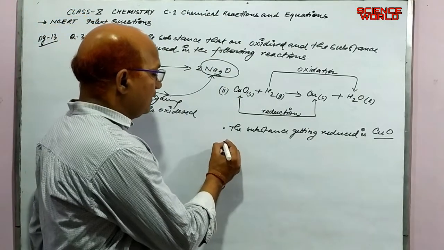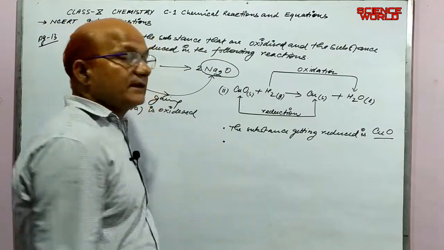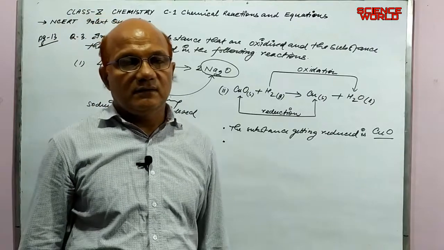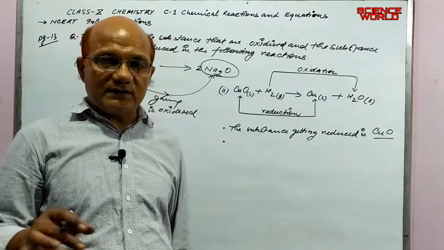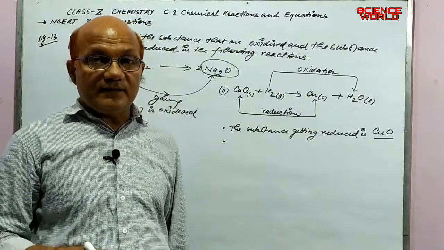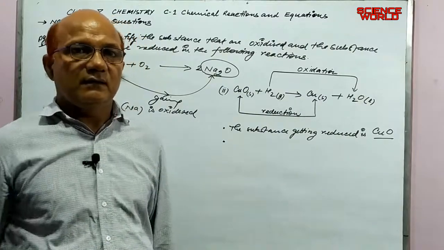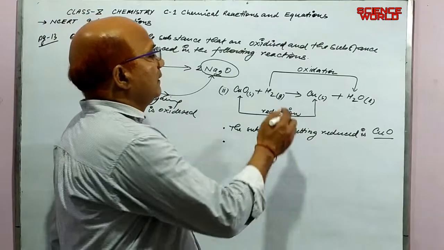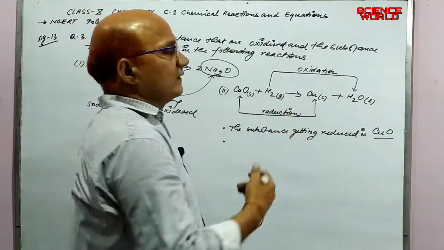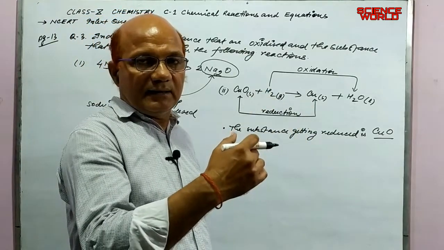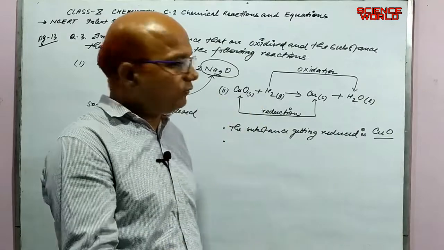And which substance is getting oxidized? Now, to answer this question, you can see which substance is gaining oxygen. So, you will see hydrogen is gaining oxygen and it is oxidized into water.